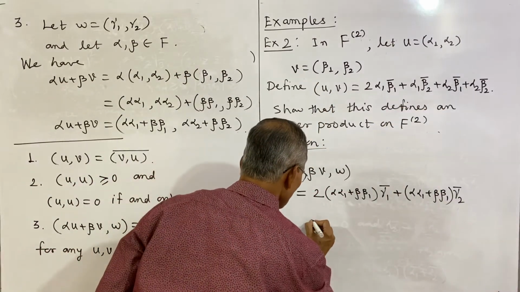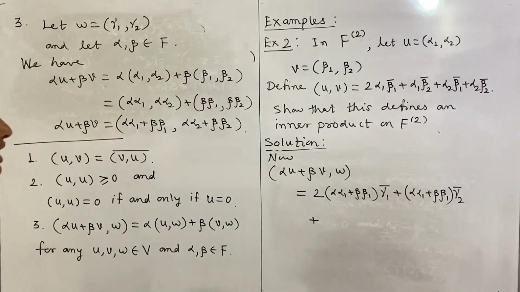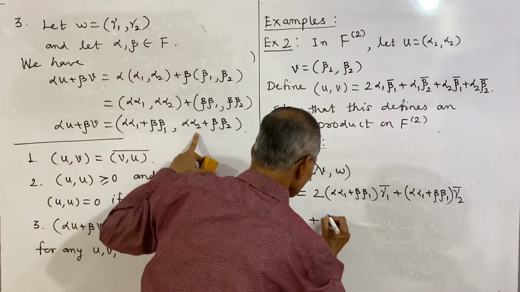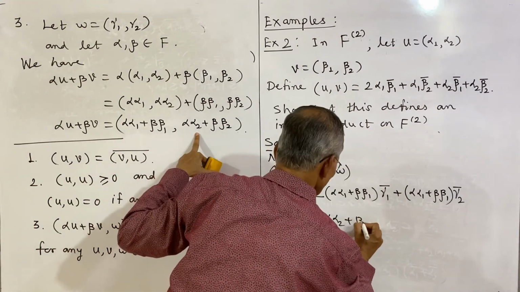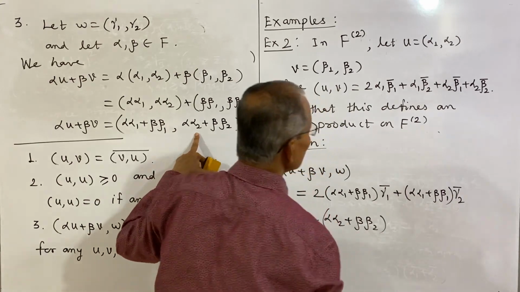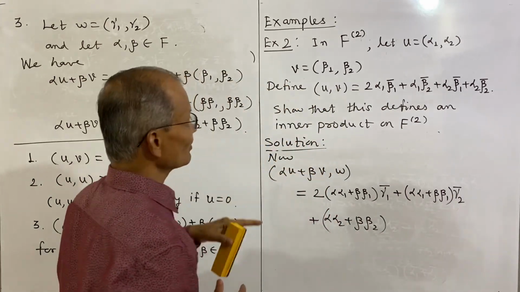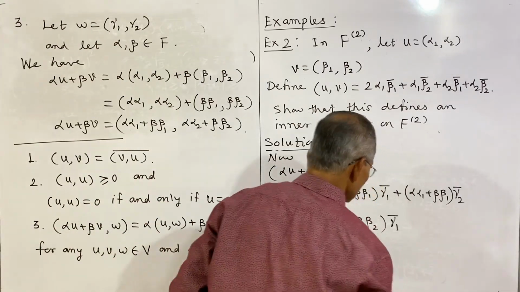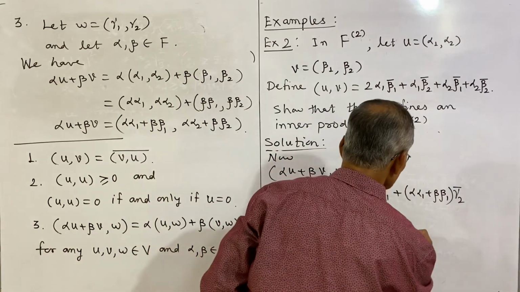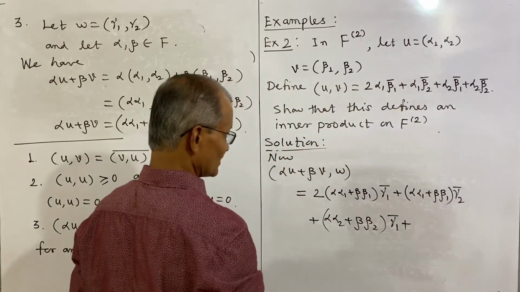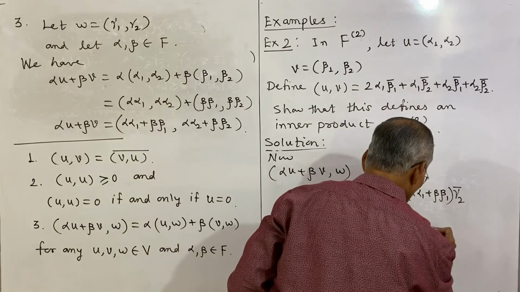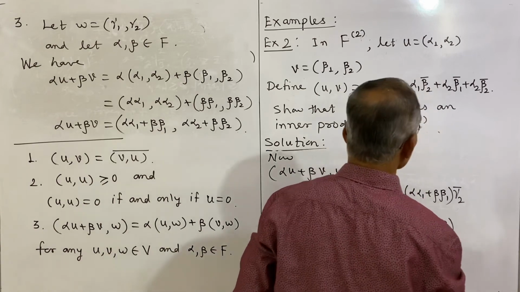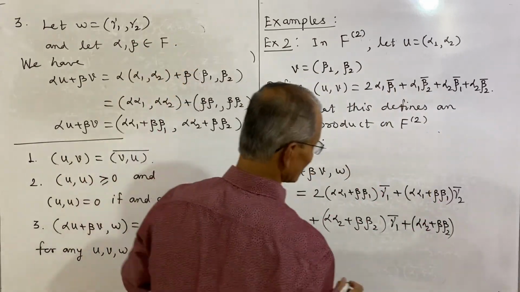Now plus alpha 2, the second component of the first vector, that is alpha alpha 2 plus beta beta 2, into the conjugate of the first component, that is gamma 1, conjugate of gamma 1, plus, and the next is again the second component of the first vector, alpha alpha 2 plus beta beta 2, and the conjugate of the second component, that is gamma 2.